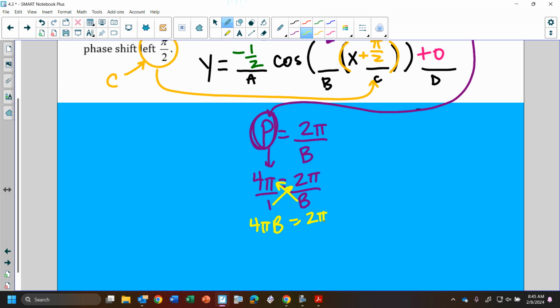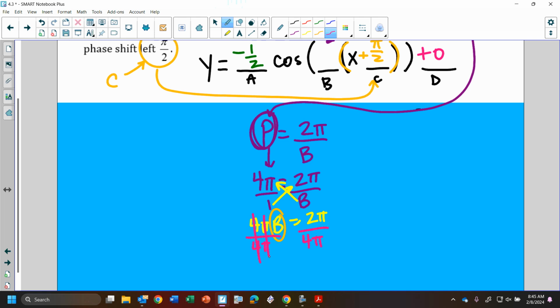Yeah? All right, if I want to get B by itself, what do I need to get rid of? The 4 and the pi, do we agree? How do I get rid of both of those at the same time? Divide by 4 pi. You're going to divide 4 pi on both sides all at once. That's going to get your B by itself. Does that make sense?